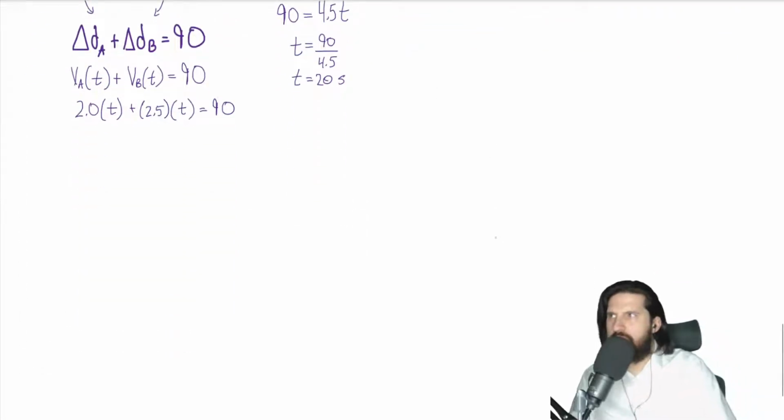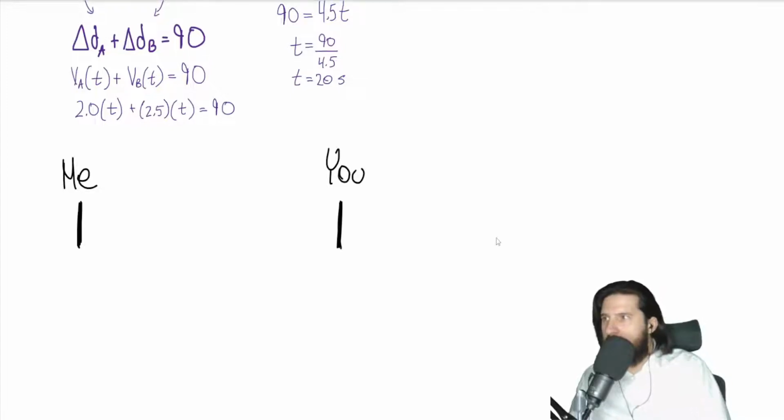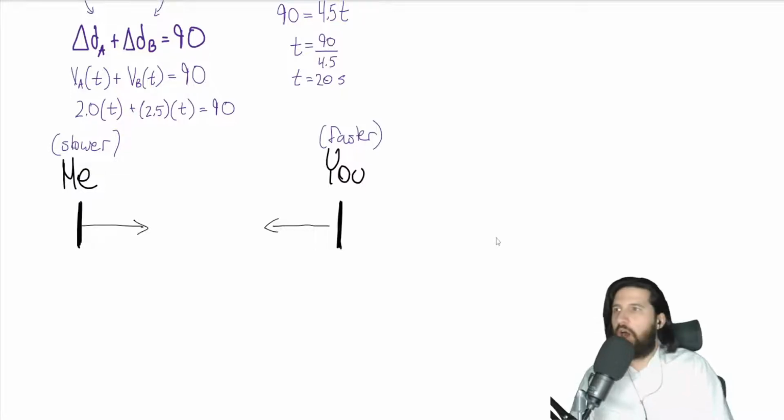So let me ask that question again. This is me. This is you. And I am slower. And you are faster. Right? And you come this way. And I come this way. And we come at each other. Are we going to meet right in the middle?